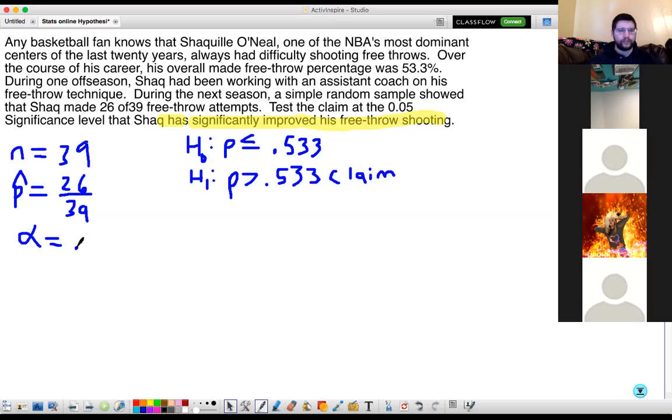That's alpha. We have P over here, 0.533. Do 1 minus that to get Q, 0.467. We have all the information. We have our hypothesis test, and we know where the claim is. Now we're ready to start doing some work.